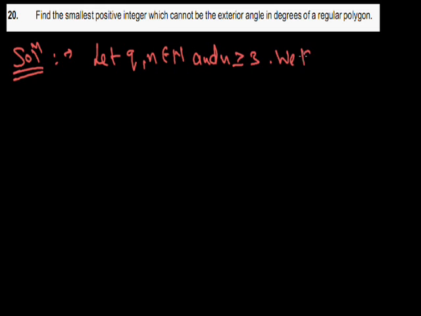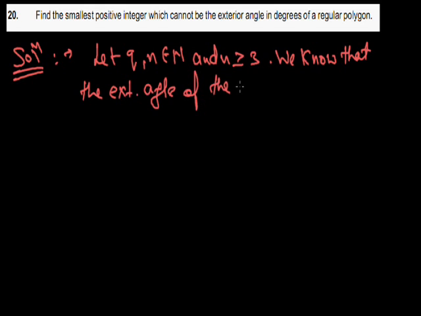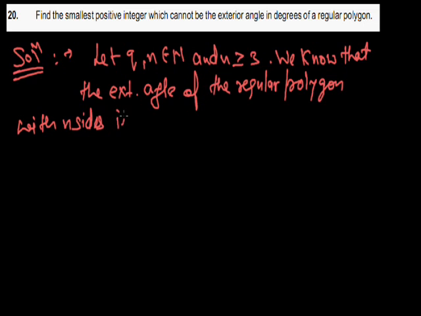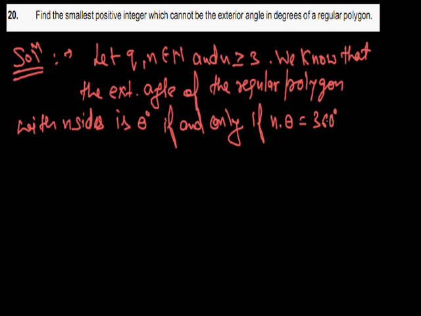We know that the exterior angle of a regular polygon with n sides is theta degrees if and only if n times theta is equal to 360 degrees, where n is the number of sides of the polygon.